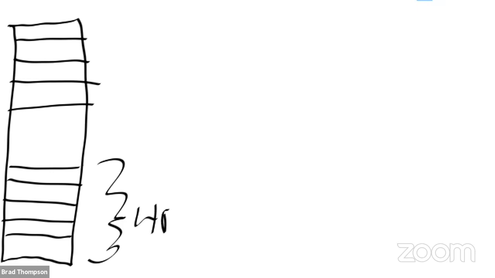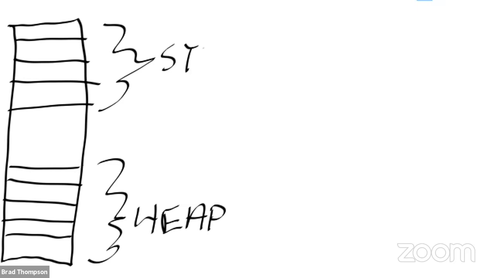This down here is the heap, and the part at the top is called the stack. As you write programs and call functions inside your program, every function gets its own little chunk of memory here in the stack.